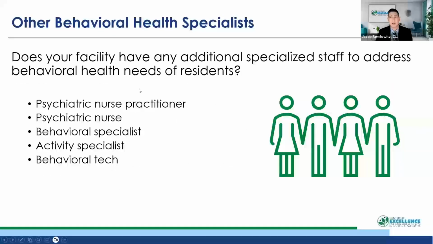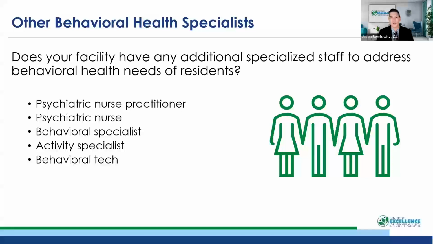Okay, let's talk about other behavioral health specialists. So here are some examples of some other specialized staff that your facility may or may not have: a psychiatric nurse practitioner, a psychiatric nurse, meaning an RN level, but with psychiatric training, a behavioral specialist, whatever that may mean in your facility. They might have a variety of different behavioral health backgrounds, an activity specialist that has a behavioral health specialization, or a behavioral tech.